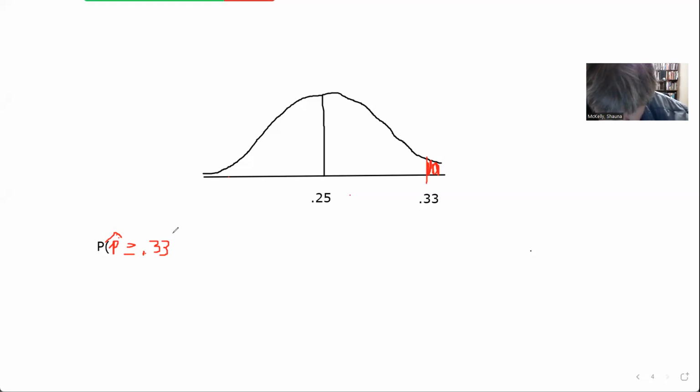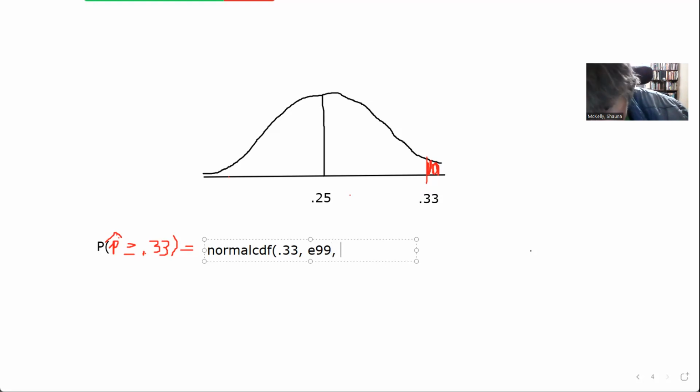Now this is a normal distribution, so the same functions that we followed before: we're going normal CDF from the left side of my region, 0.33, to the right, which in our case has no finite right side, but it's infinity, which we're going to use as E99.